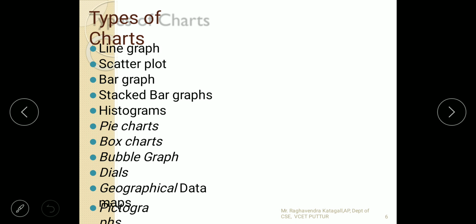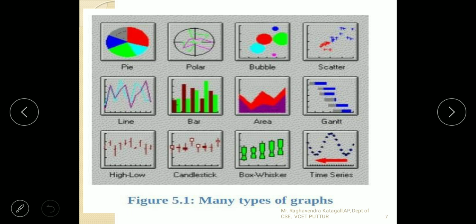Then geographical data maps. These maps are particularly useful to denote statistics like corona outbreak in a given geographical area. Then you have pictographs. One can use pictures to represent data, so that is called pictographs. So these are several examples.